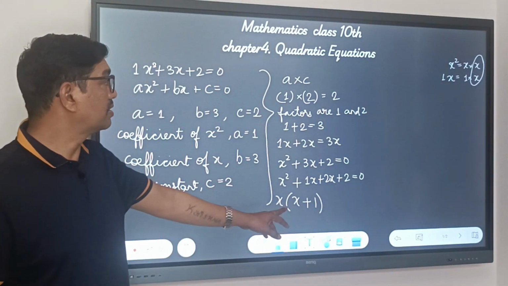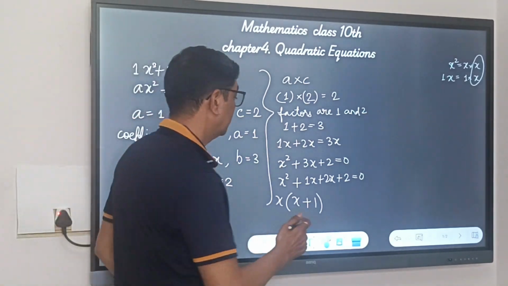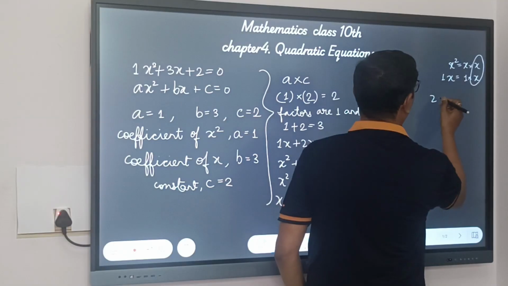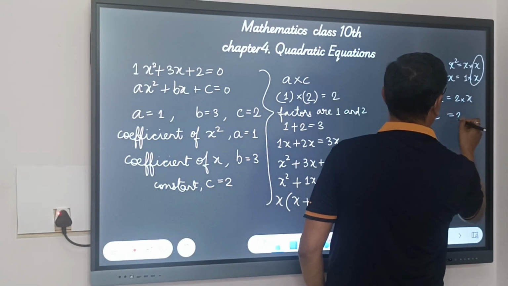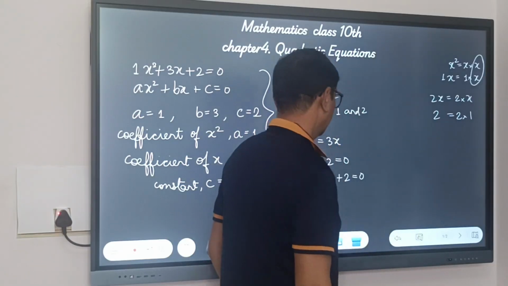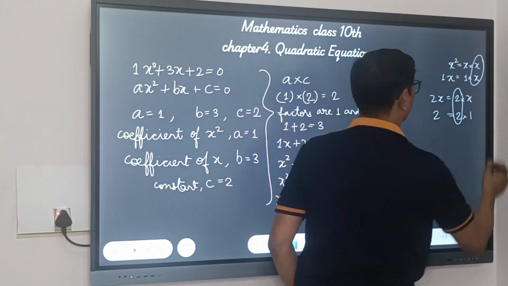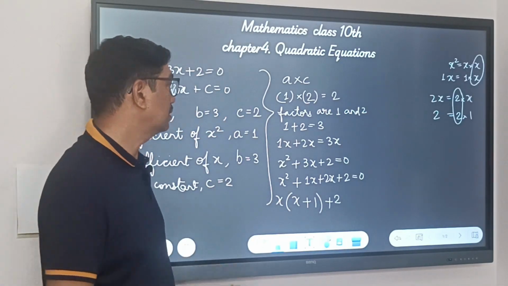So taking factors is very important. You can write the factors. Then among the 2x and 2: 2x is how much? 2 into x and 2 is 2 into 1. So you can write 2 as the common. You can see in both the terms, the third term and fourth term, 2 is the common.